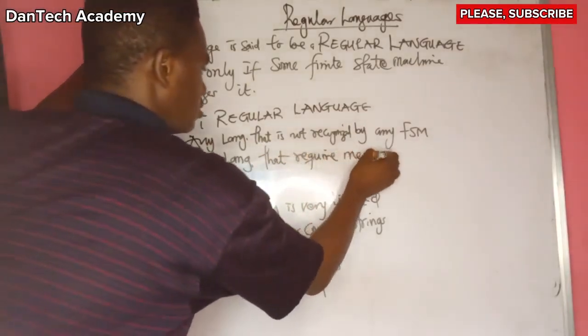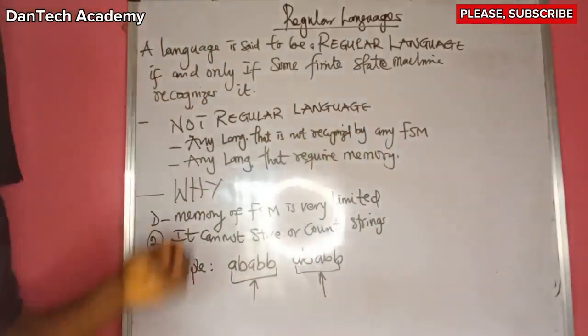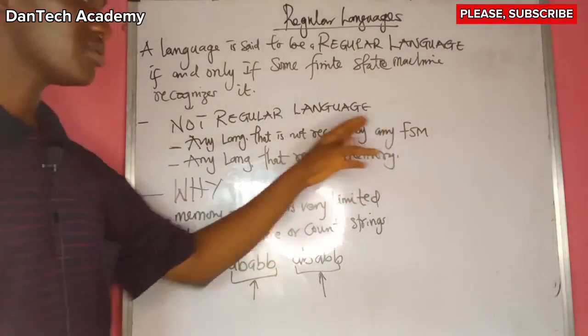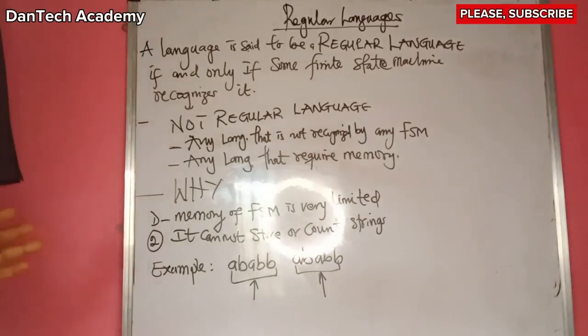Now, I told you something when we started, that FSM is a type that has very little memory. So any language that requires memory is not recognized.